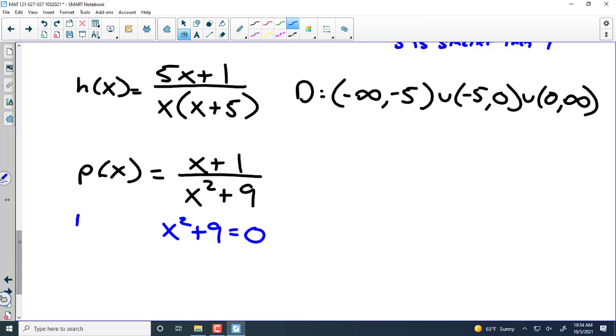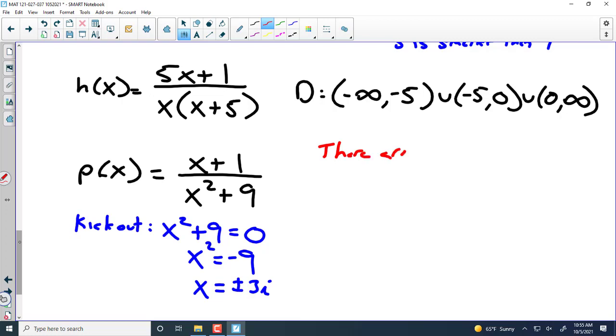We got to kick out numbers that make the bottom equal to 0. Does everyone agree with that? The only numbers that will make the bottom equal to 0 are imaginary. Do imaginary numbers enter our thinking when we do domain?